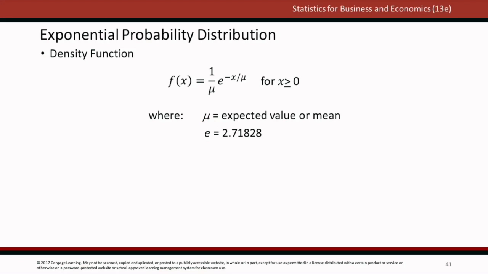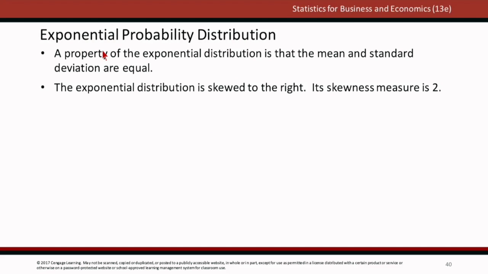Here mu is the expected value or mean of the exponential probability distribution, and e is this very important constant that we know how to use. The important property that we are going to be using is that for the exponential distribution, the mean and the standard deviation are equal.